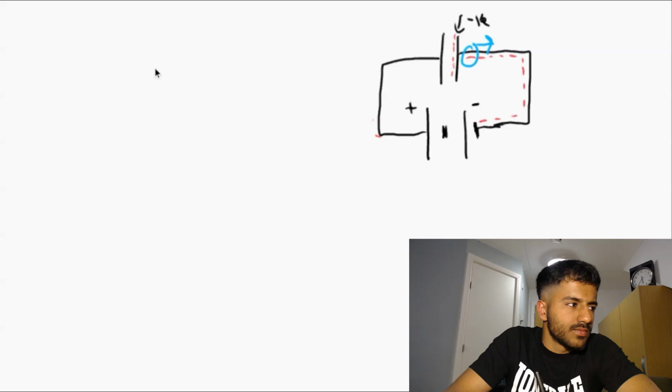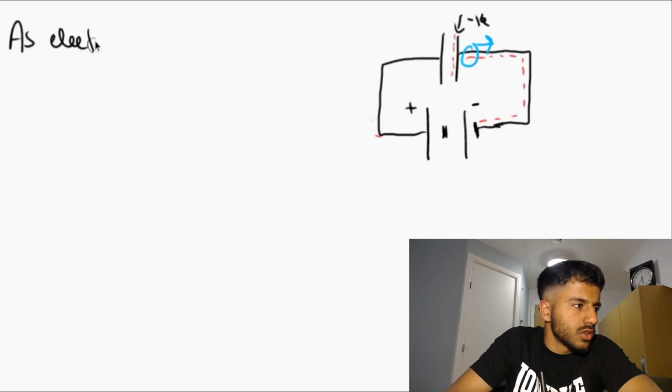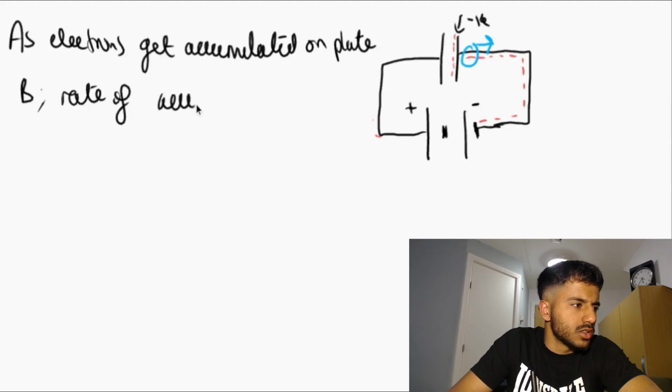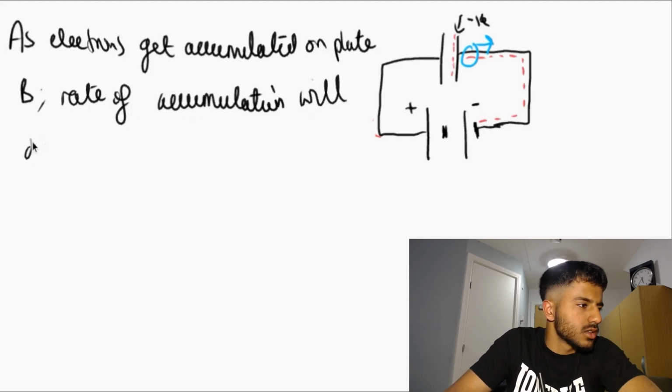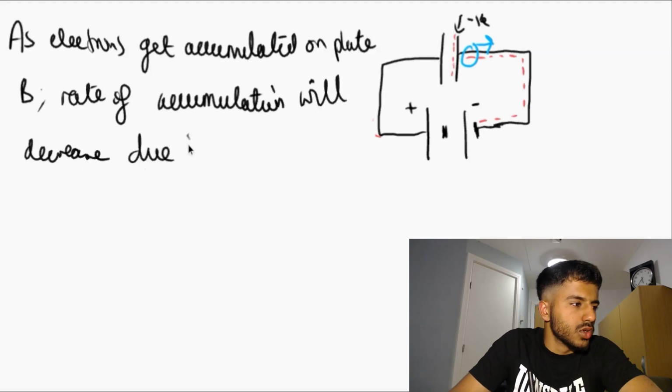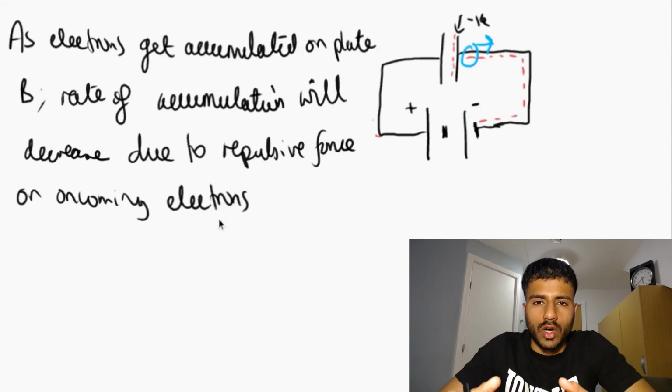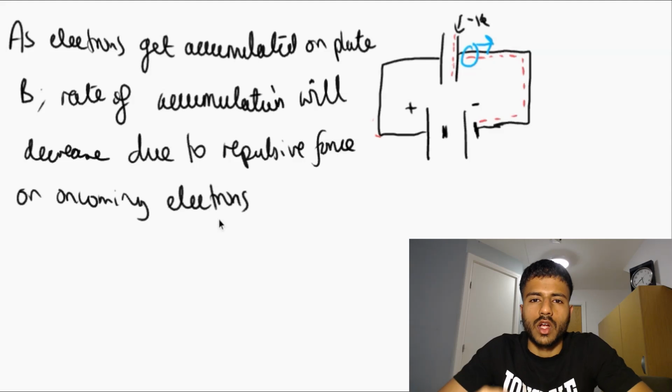So what this means is, as electrons get accumulated on plate B, the rate of accumulation will decrease due to the repulsive force on oncoming electrons. So in other words, as more and more electrons get accumulated on plate B, it becomes more difficult for oncoming electrons to get accumulated as well.